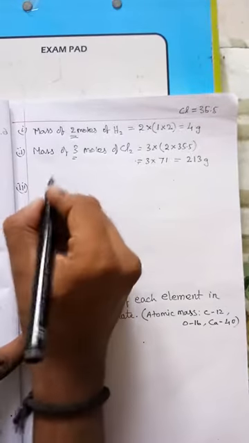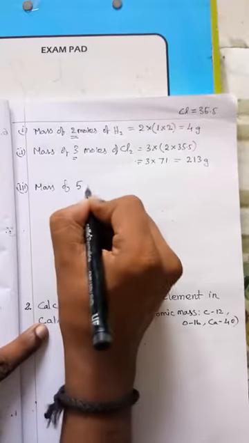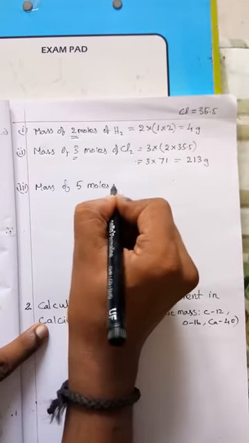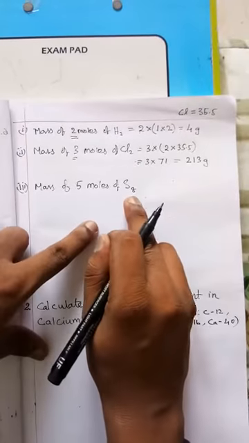Third question. Mass of 5 moles of sulfur S8.